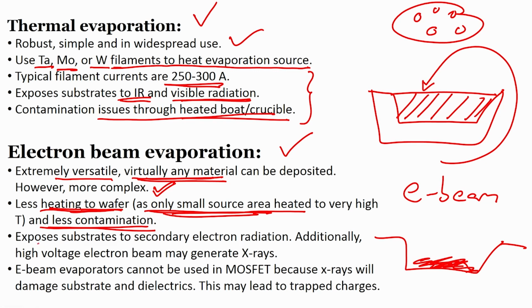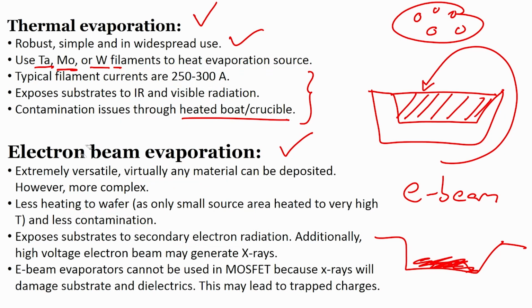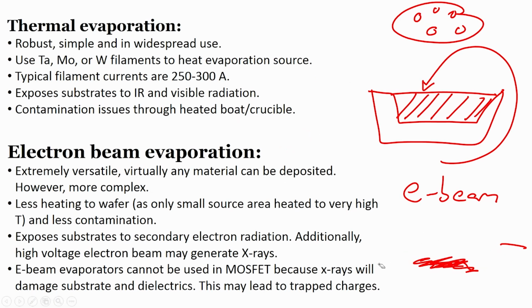Next, it exposes the substrate to secondary electron radiation. That is a drawback: it exposes the substrate to secondary electron radiation, and high voltage electrons may generate X-rays. What does a high electron beam generate? X-rays. We have studied in physics that when we use a very high energy electron beam, there is a generation of X-rays. This is a problem in MOSFETs.